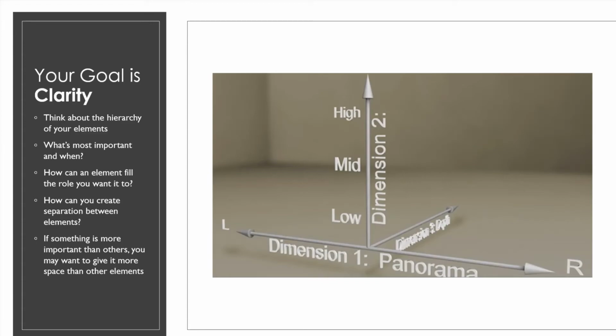What's important and when is it important, and what do you want your listener to focus on? If you have an element, what role is it filling? Is it grabbing the listener's attention, or is it more so supporting another element? Should it sound like it's in the background? Should it sound like it's in the foreground? Where are you placing it in terms of panning? How can you separate this element as well as other elements?